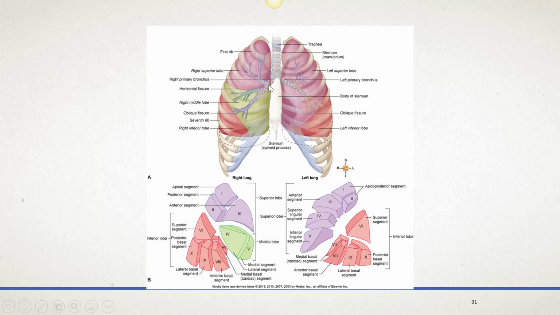If you think about our heart sits directly underneath the sternum, but because the left side of the heart has to pump blood to the rest of the body, the left muscle of the heart is thicker. And that's going to extend out into the left side of the chest cavity a little bit farther, and kind of from an evolutionary standpoint, we've evolved to have 1 less lobe on our left lung.